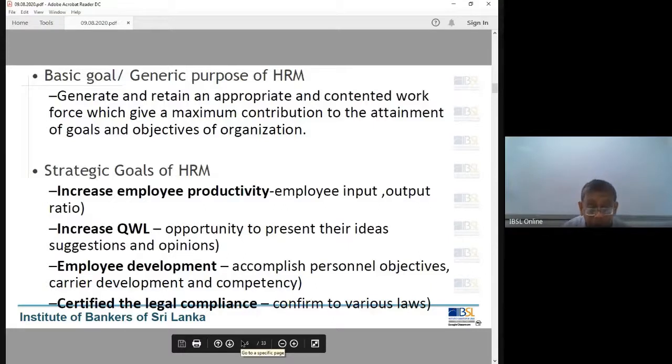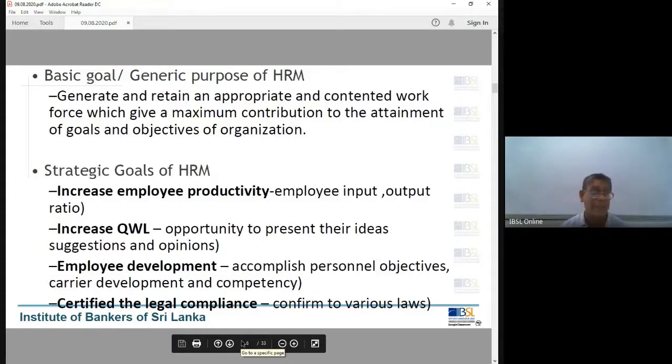So what is the strategic goal of human resource management in your organization? Ensure that all legal rules are complied with by the organization. When you sack a person, you do it according to the rules and procedures, right?